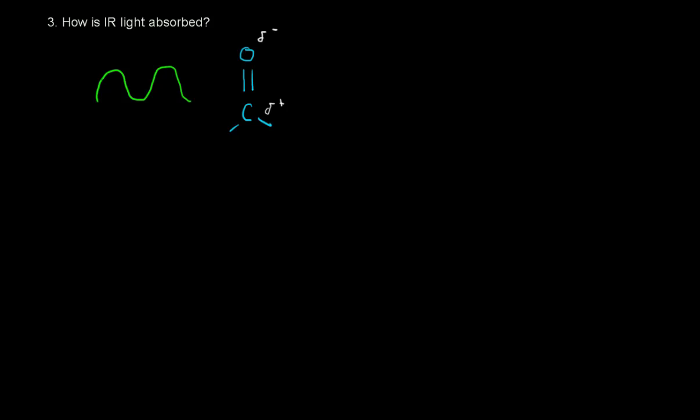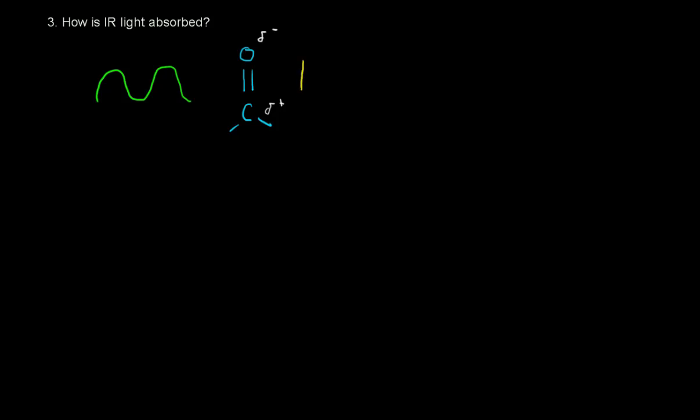What happens when these electromagnetic waves interact with these dipoles is the dipoles start to rhythmically vibrate. You can think of this as an electric field that interacts with this charge difference, this dipole. As the electromagnetic energy, the IR light of proper frequency, interacts with this dipole, it causes the dipole to vibrate. I can represent that with these arrows here.